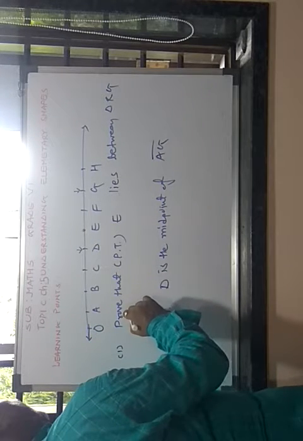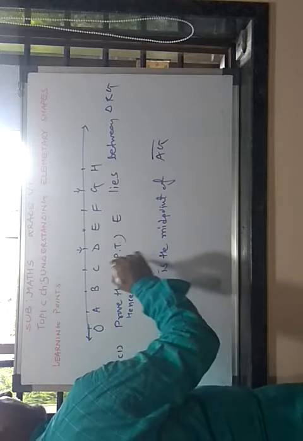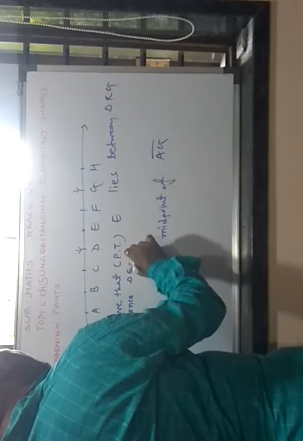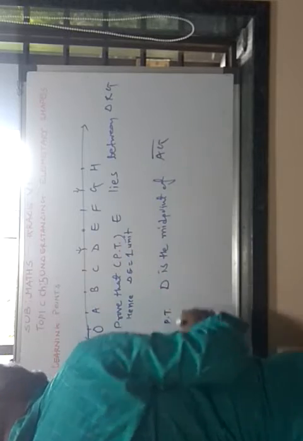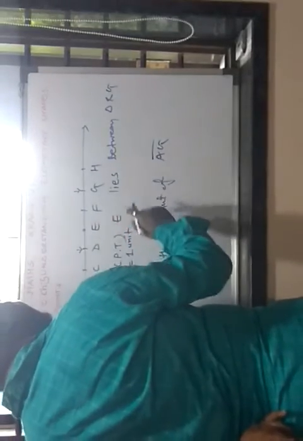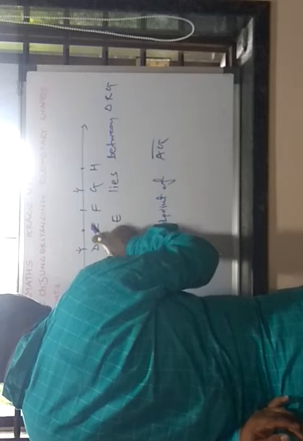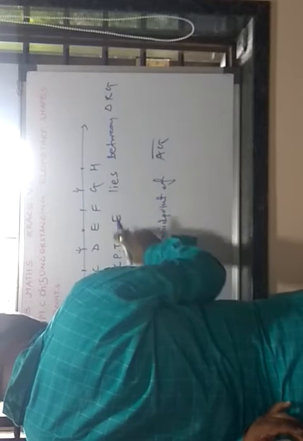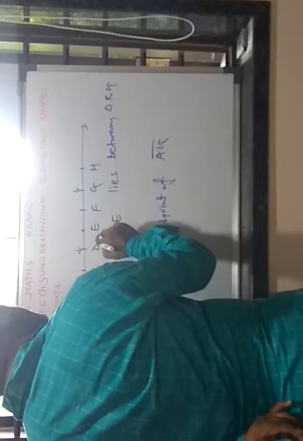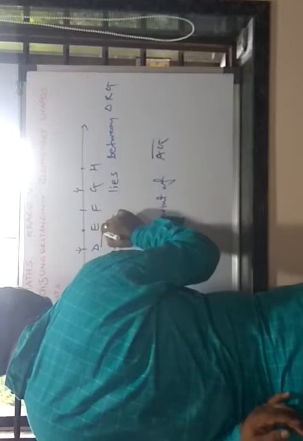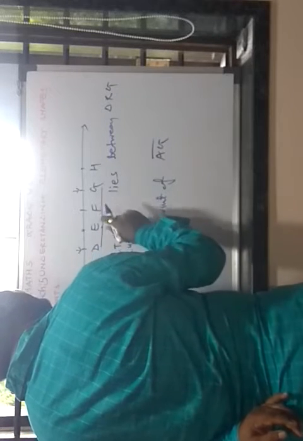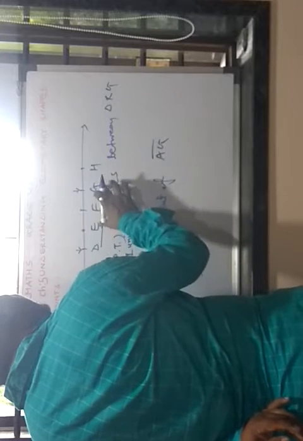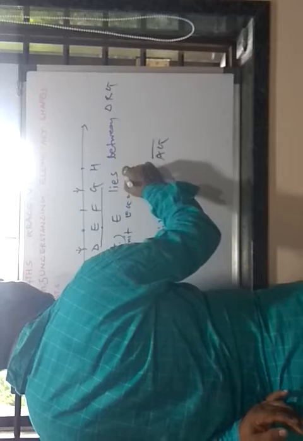Hence, DE is equal to 1 unit and E is lie between D and G, means this, and EG is equal to how many units? 2 units.